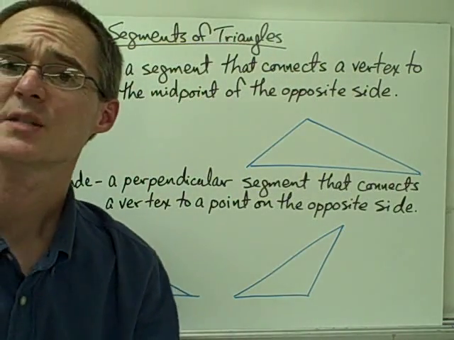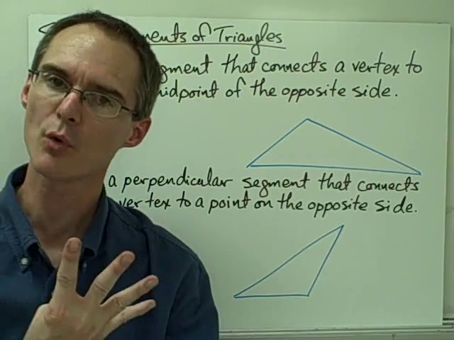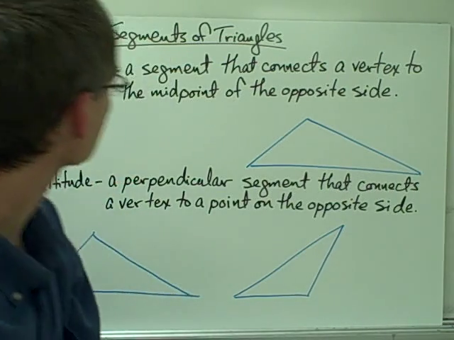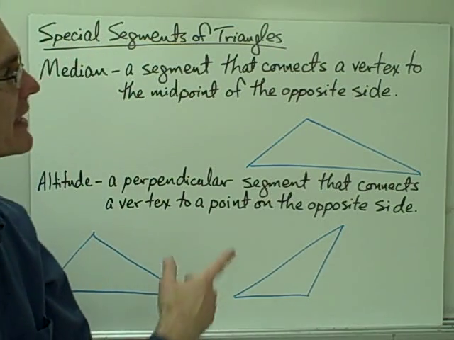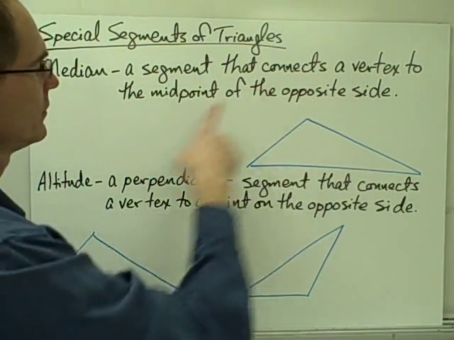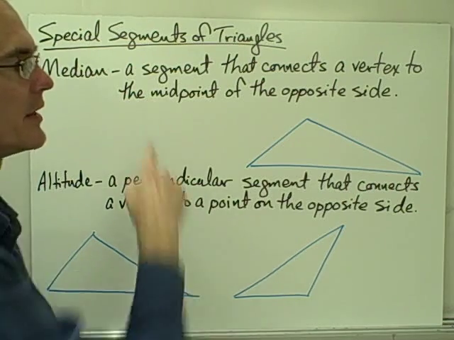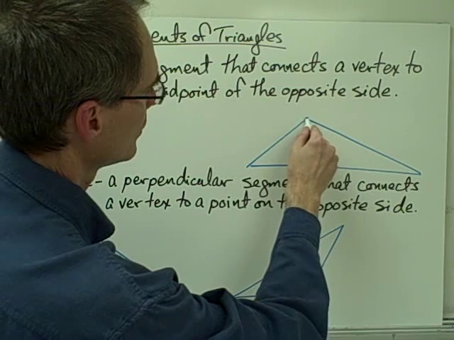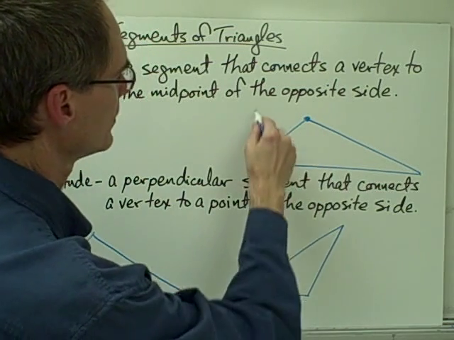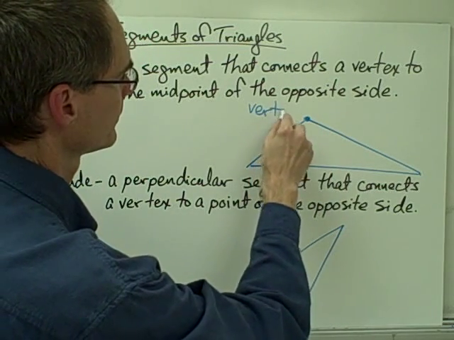Now we're going to talk about special segments of a triangle, and we have four special segments of a triangle. The first one is called the median, and a median is just a segment that connects a vertex of the triangle to the midpoint of the opposite side. So let's say we want to draw a median from this vertex right here.